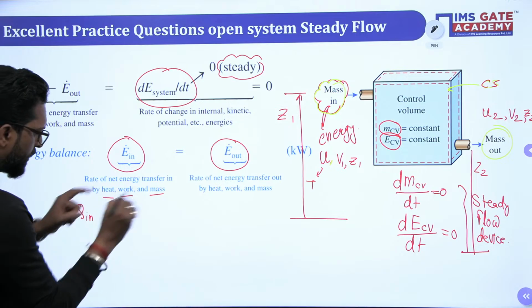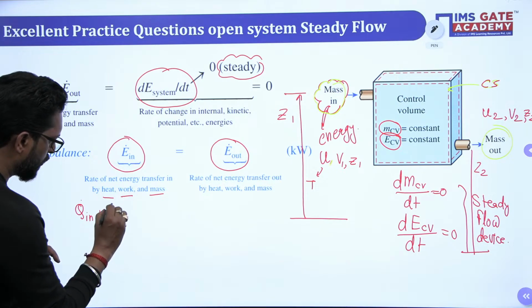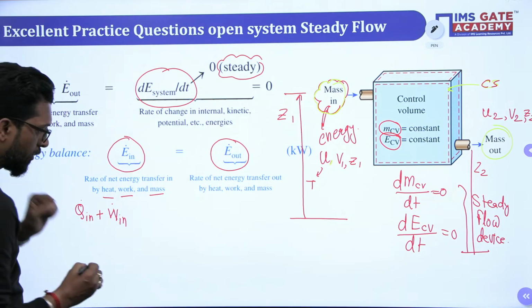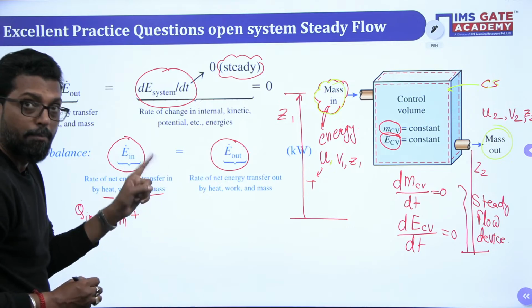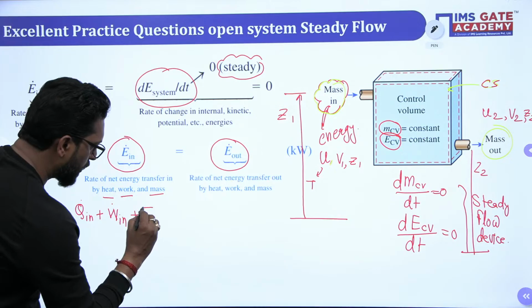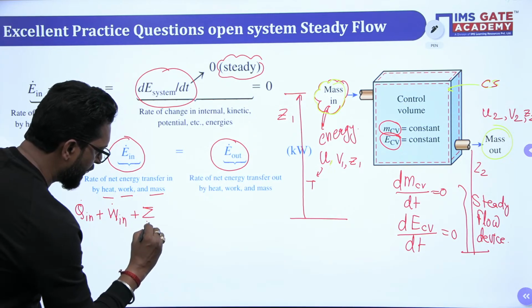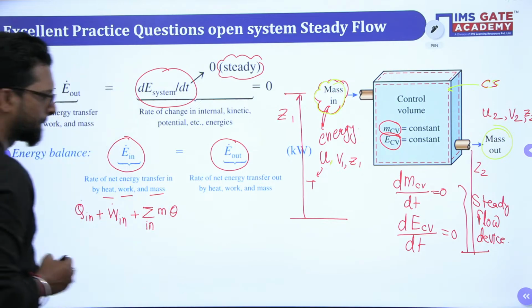Rate of energy in the form of work, W dot in, plus, since the mass has energy, this is mass m dot in, m dot into theta.